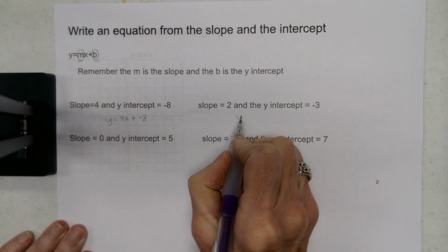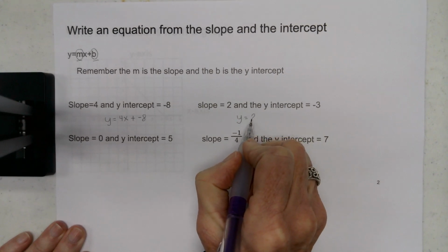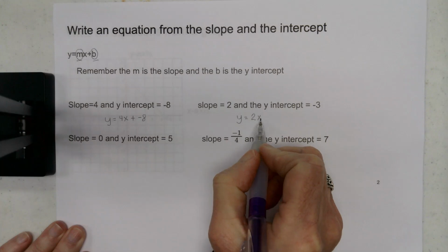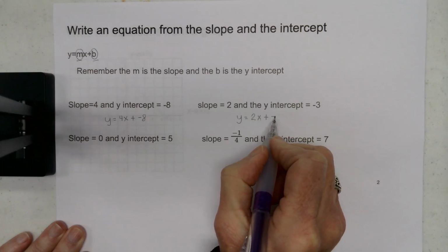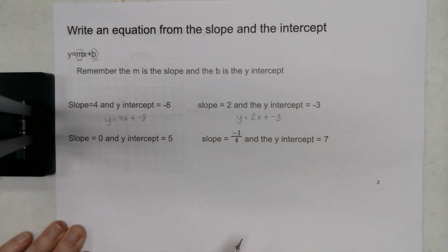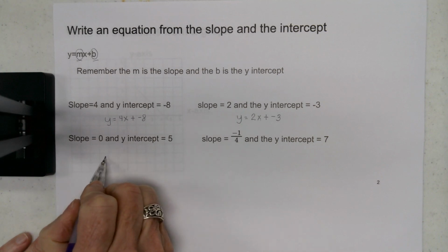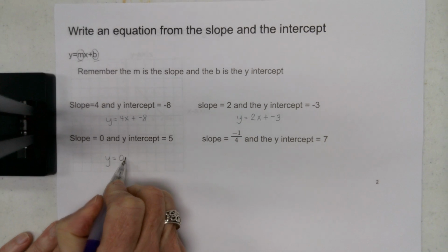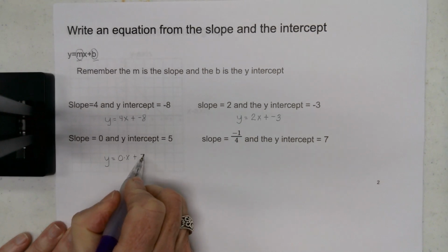If my slope is 2, I put a 2 right where the m goes. Don't forget to put the x in there, plus -3, because that's your y-intercept. If my slope is 0, I have y = 0 times x + 5.